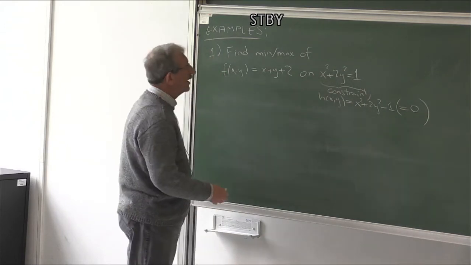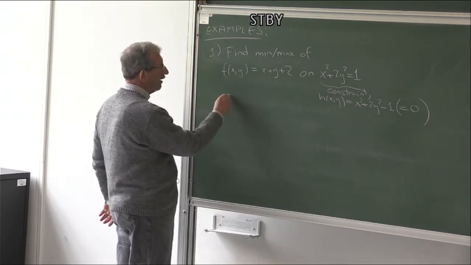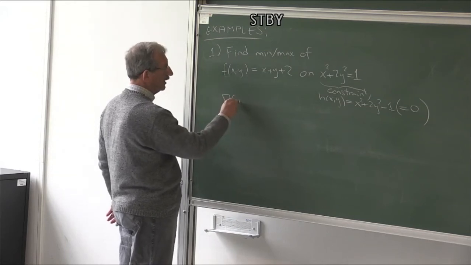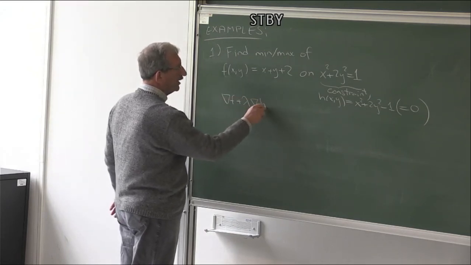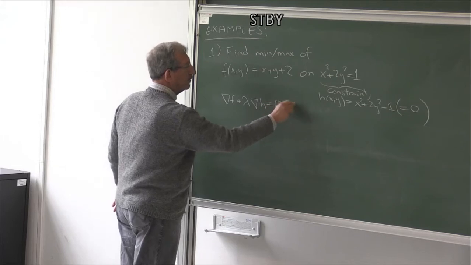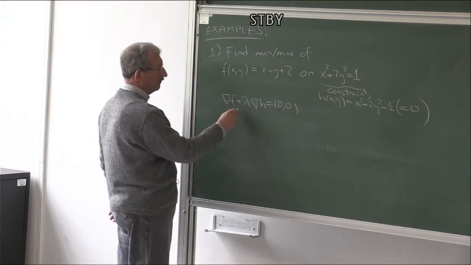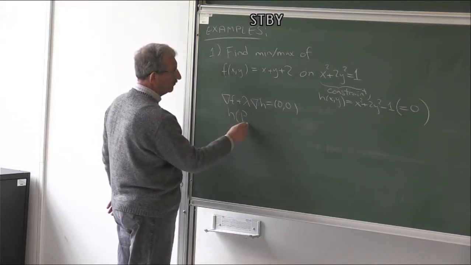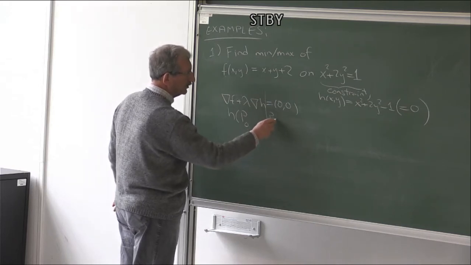So let us construct the Lagrange system. We have gradient f plus lambda gradient h is 0, and h of p0 is 0, so everything happens at p0.